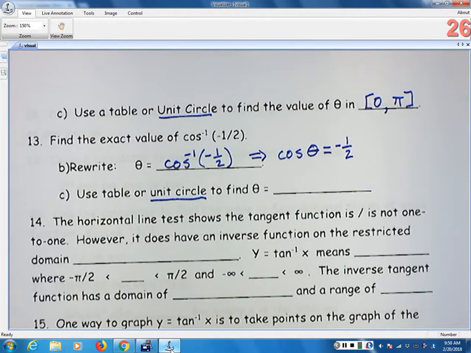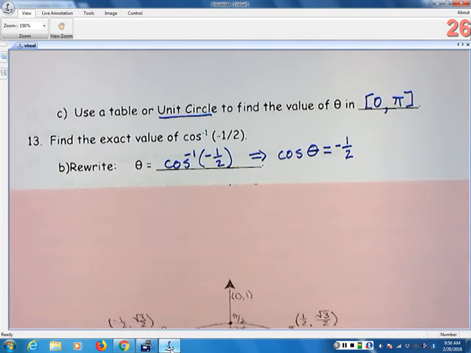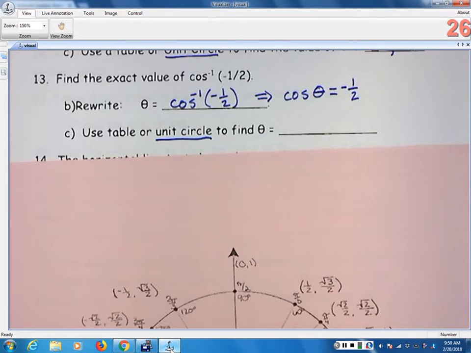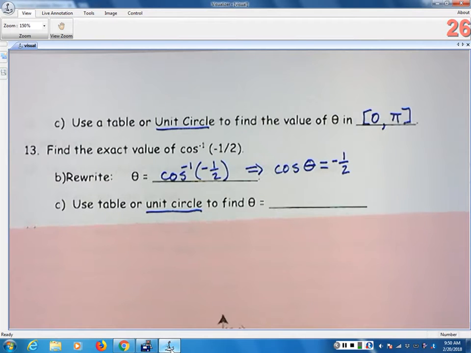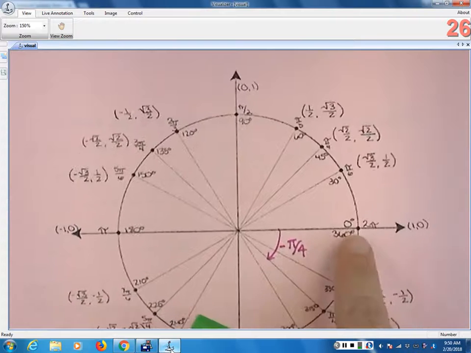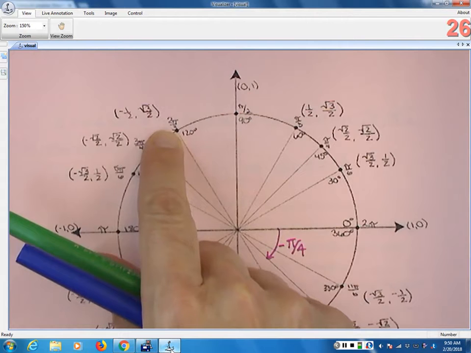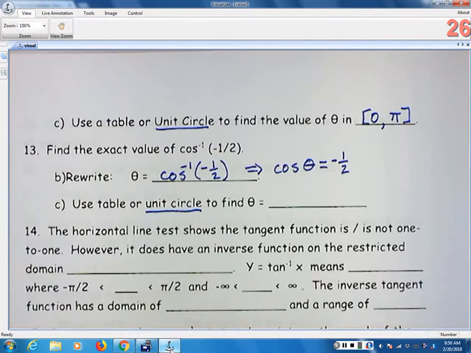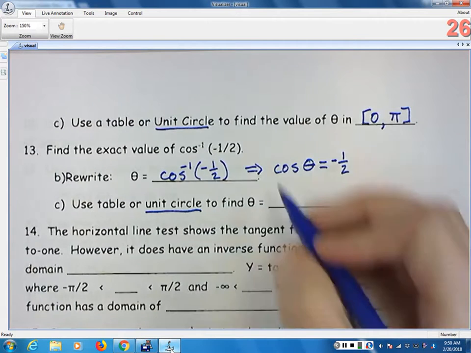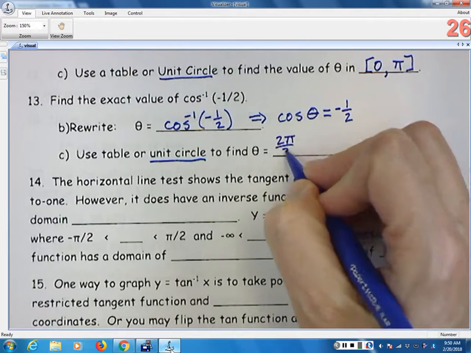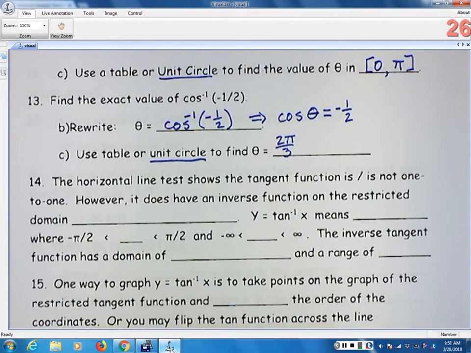Now we don't have to rewrite things as negatives. We're looking for x equal to negative 1/2. Between 0 and pi, negative 1/2 is up here. That's 2 pi over 3. So that's sine and cosine, and that's how to find exact values with the unit circle. Now we're going to talk about tangent.